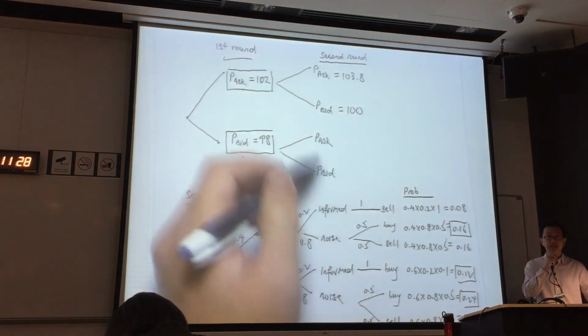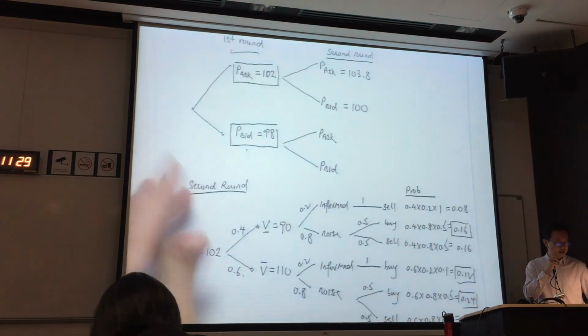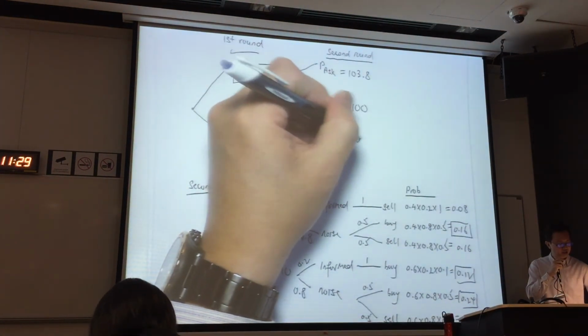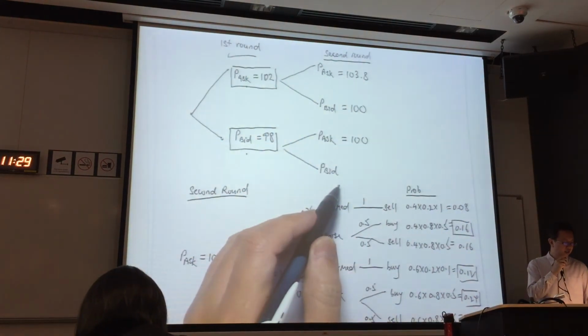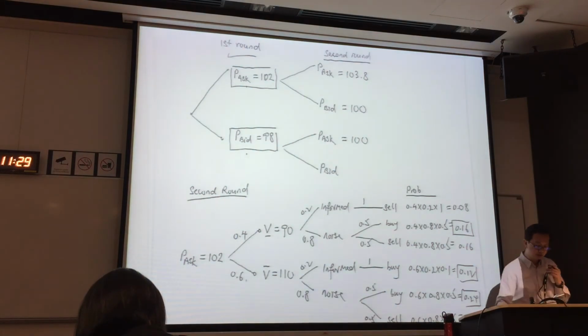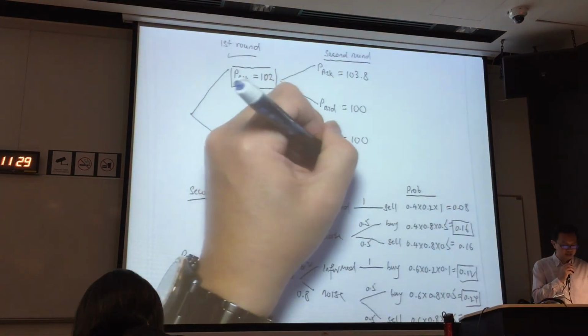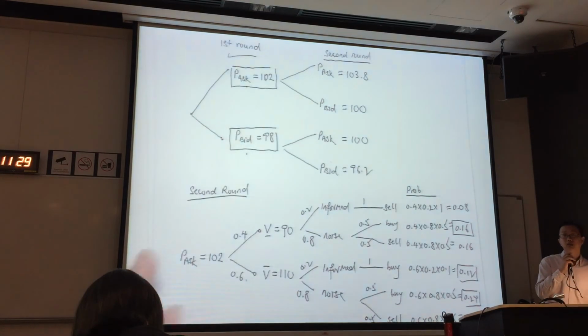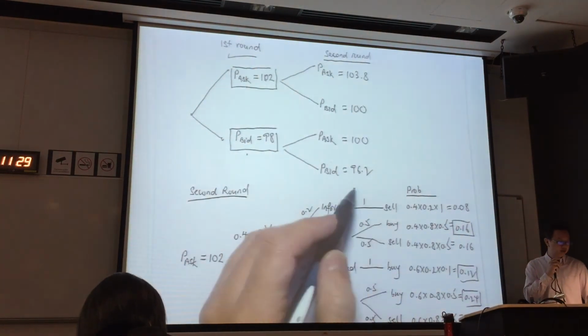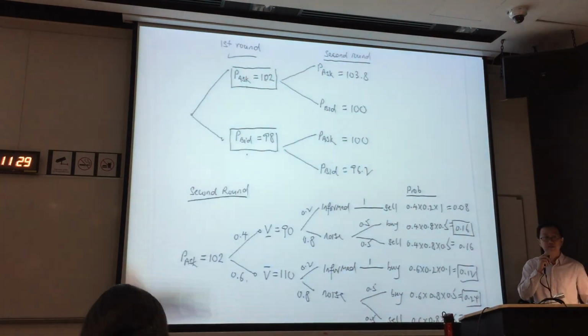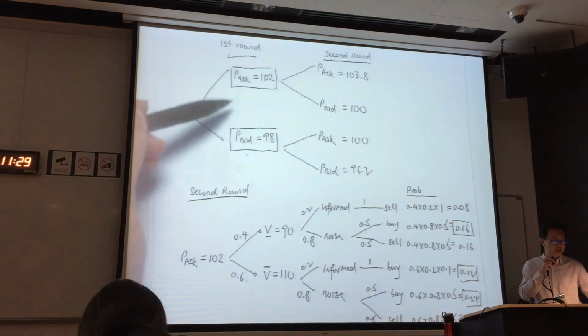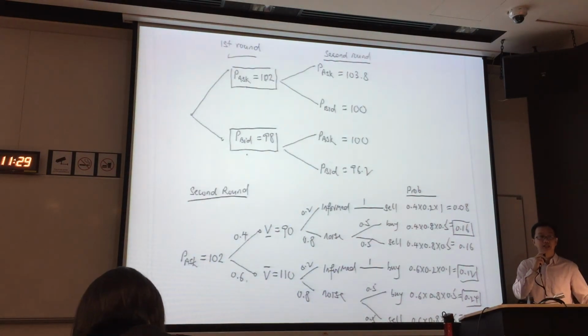If you go ahead and try this calculation on your own, you will get this is 100, and this, if I'm not wrong, you will get about 96.2. Yeah. So these are the possibilities. We can work out the first two rounds of the bid and ask.